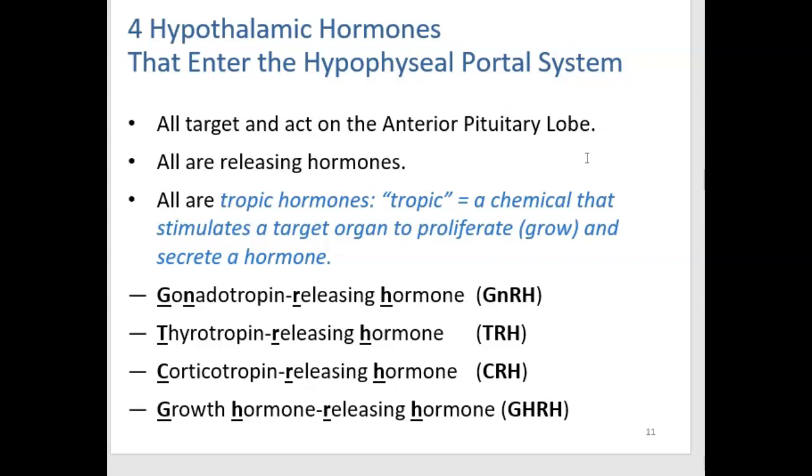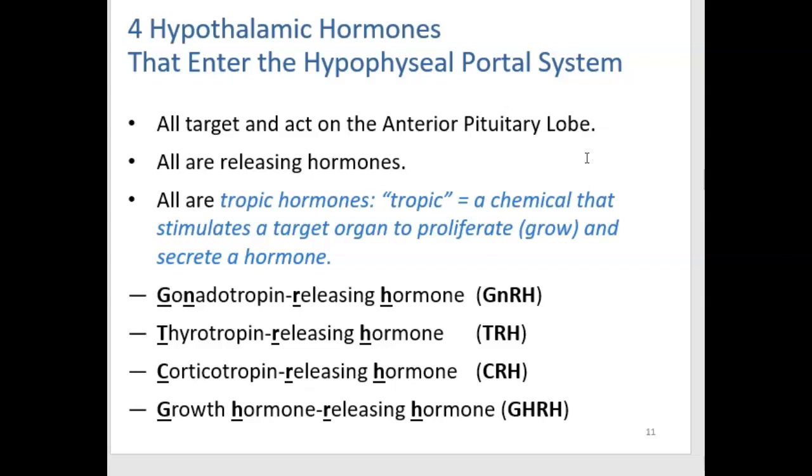So all of the hormones that are made by the hypothalamus and affect the anterior pituitary are tropic sorts, or they're going to cause the release of a tropic hormone, and they are in and of themselves also tropic. So there are 4 of these that are made in the hypothalamus that affect the anterior pituitary.